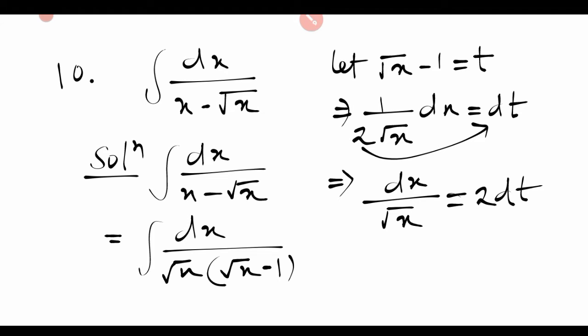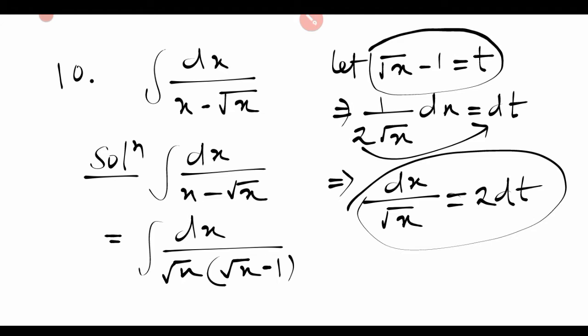Now we substitute these values, that is root x minus 1 equal to t and dx by root x equal to 2 dt, in the given integration, that is integration dx divided by root x whole into root x minus 1.